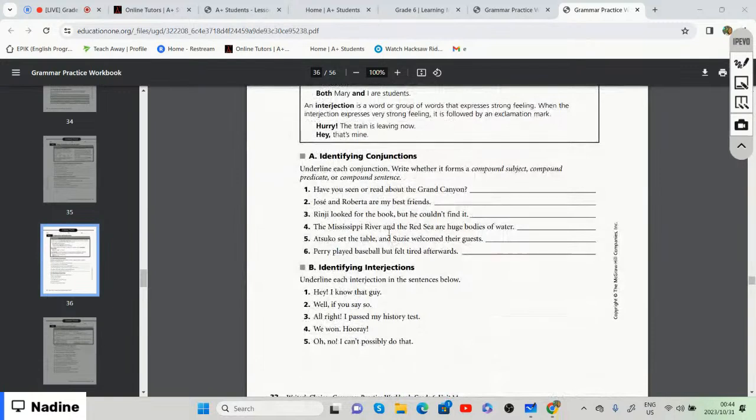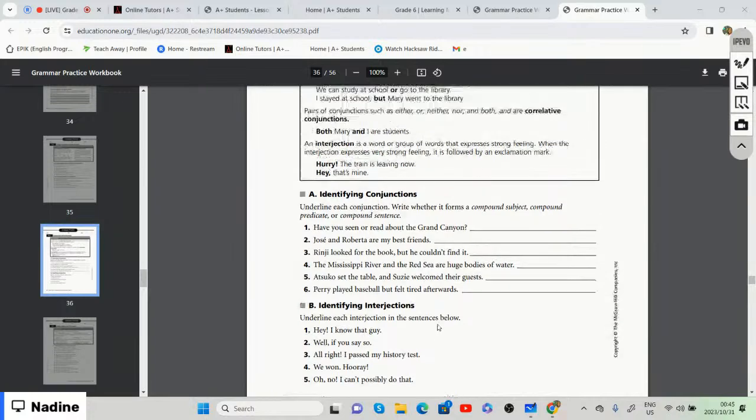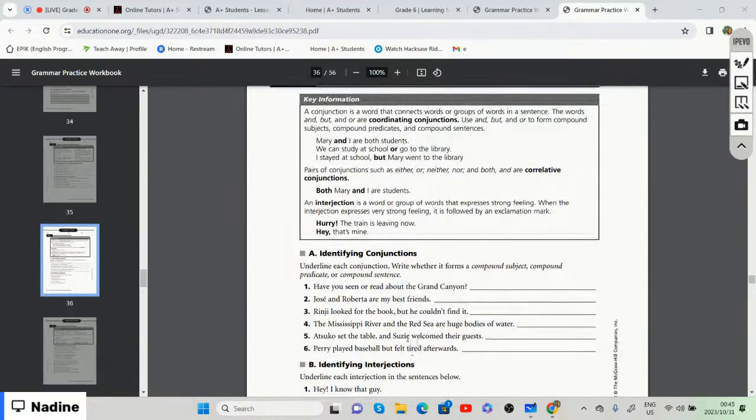All right, so now, we said but is our coordinating conjunction within these sentences.